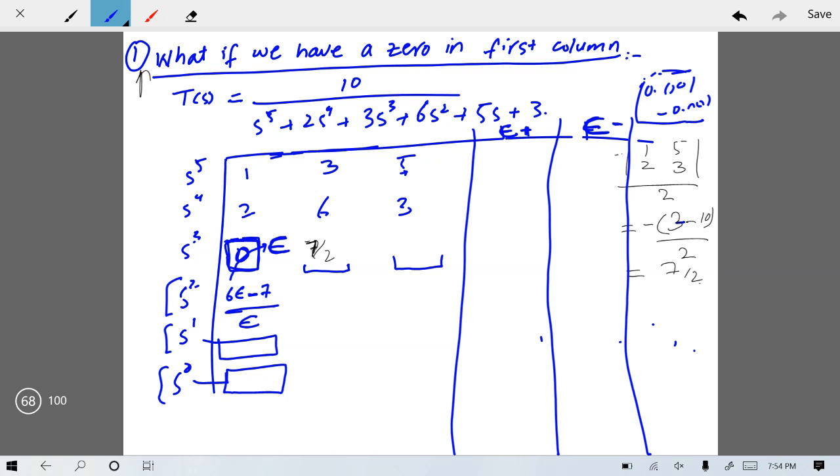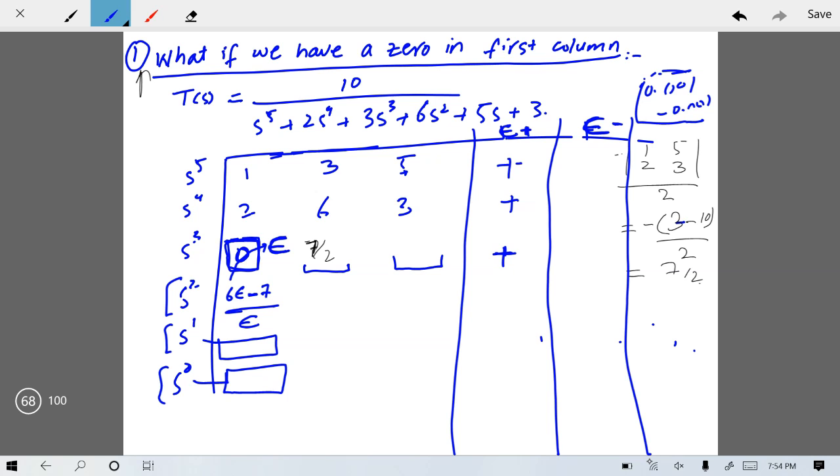So first of all we will replace this zero with a very small number epsilon and then continue our calculation with epsilon in place of that zero. Then we will assume that this epsilon is a very small positive number, or it may be a very small negative number. If it is a very small positive number, then the first entry in this column is positive, the second entry in the first column is positive, and for the third entry I am taking epsilon as a small positive number, so I will take this entry also as positive.